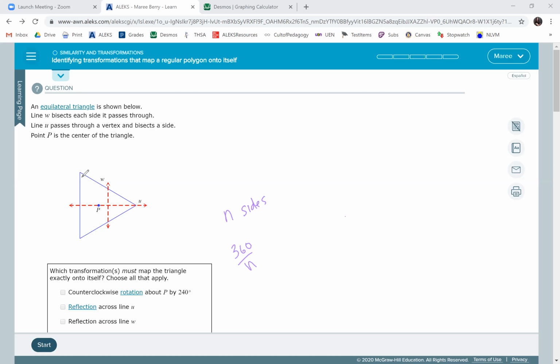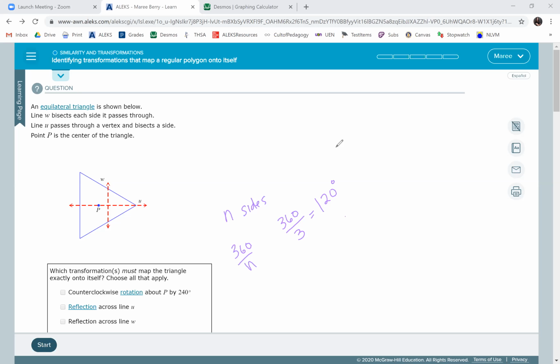So this one, there's 3 sides. If you divide 360 by 3, you get 120 degrees. So every time, wait a minute, is it 120? Yeah.